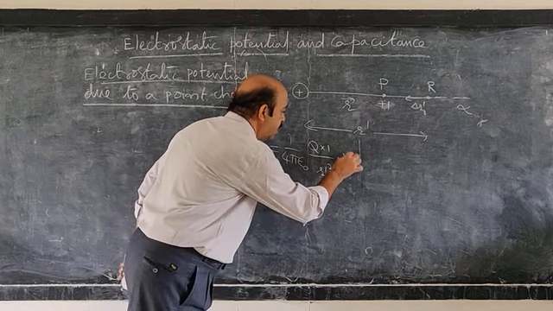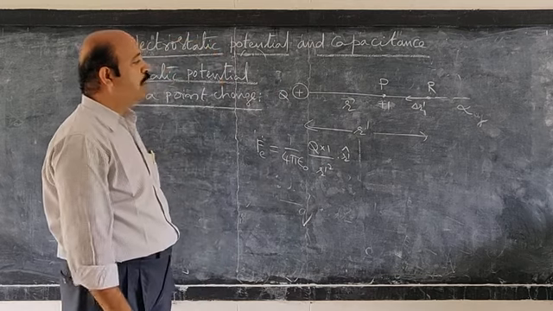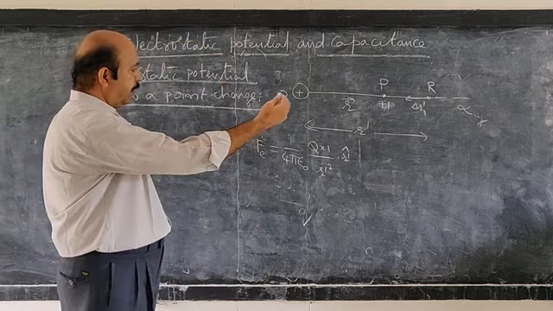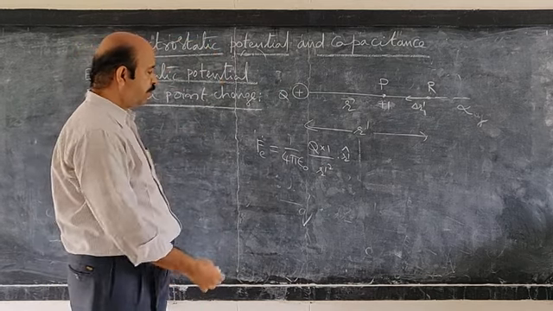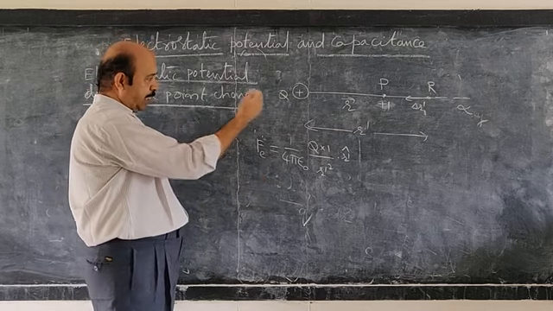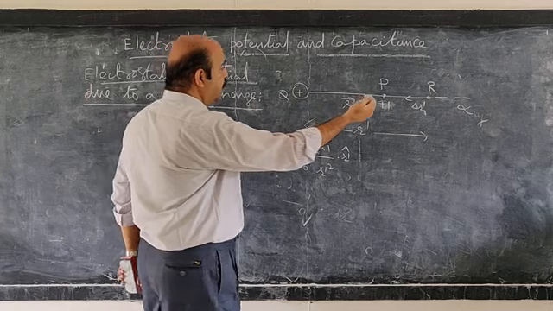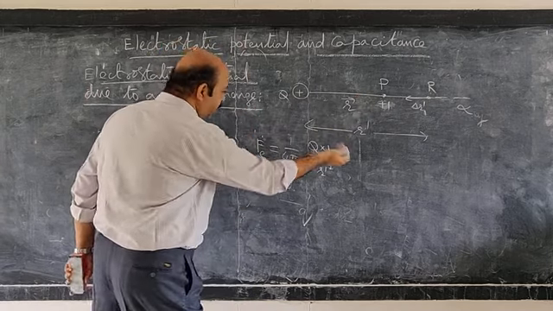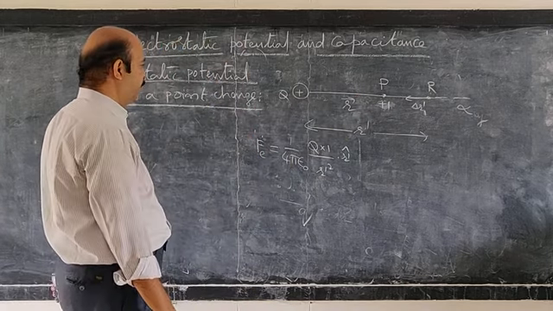Let r dash cap be the unit vector along the radial direction.